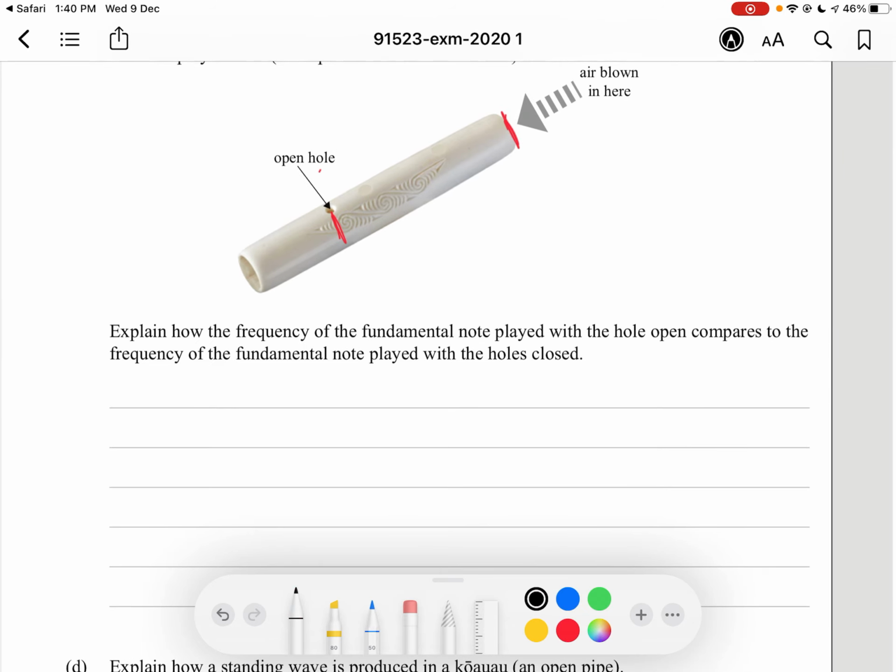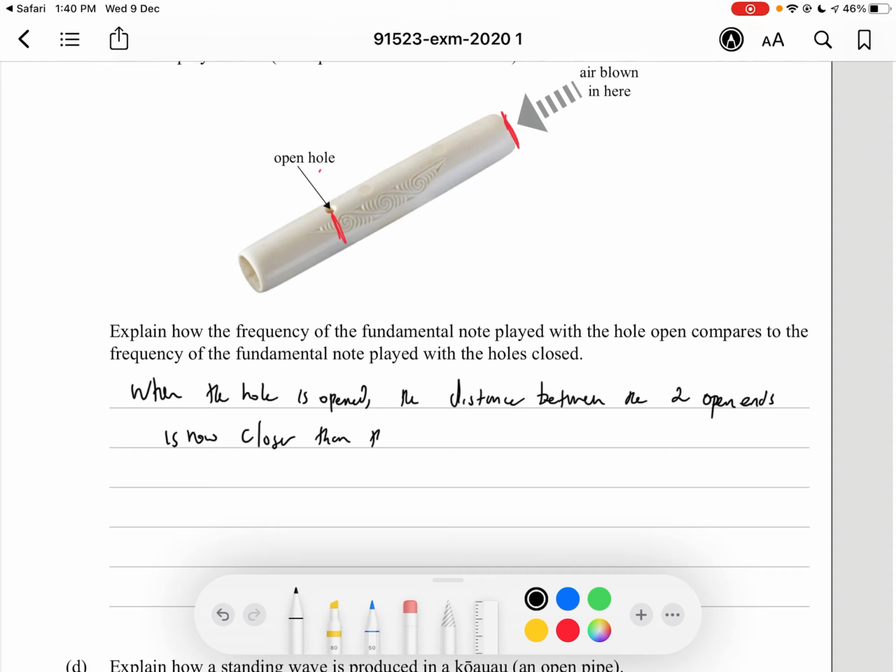Alright, so you can see that it's now closer than before. We can just say closer than before.